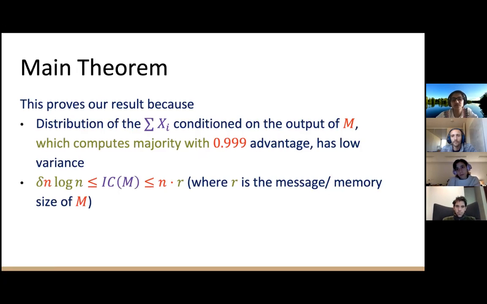You can think of it as the expectation of xi conditioned on the sum being greater than 0. This expectation is around a constant times square root n.